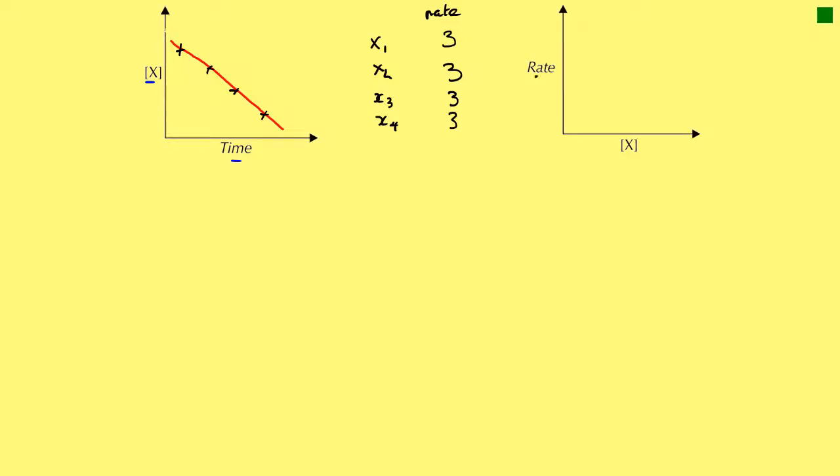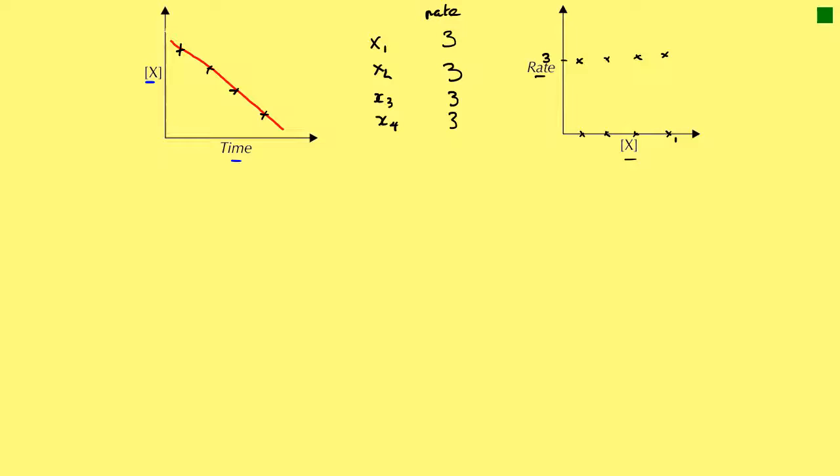You can see this is now rate against concentration. So if we were going to plot x1, now x1 is actually this one here. That's x1, and that has a rate of 3, and x2 is here, x3 is there, x2 and x1 is there, and they're all 3. So we would plot the rate here, the rate here, the rate here, and all of them are 3.